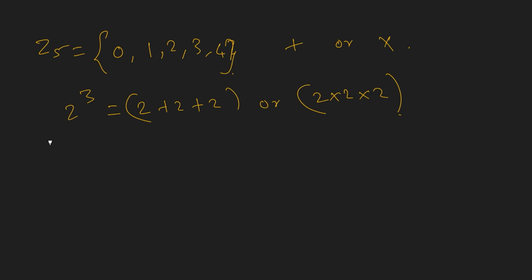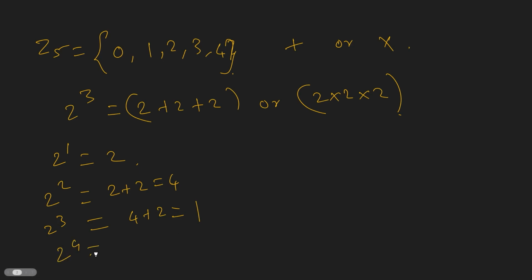Alright. So when we take a look at the addition, 2 to the power 1 will be 2, 2 to the power 2 is 2 plus 2, which is 4, 2 to the power 3 is 4 plus 2. Right, so 4 plus 2 will be 6. Okay, again we only care about the remainders. And 2 to the power 4, we don't actually have to compute the number 16.